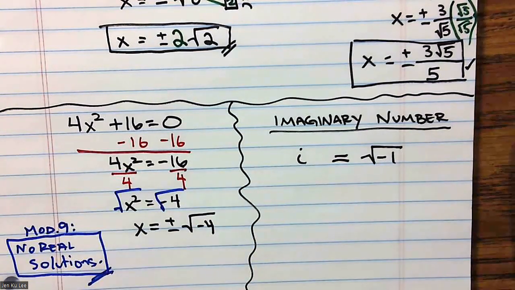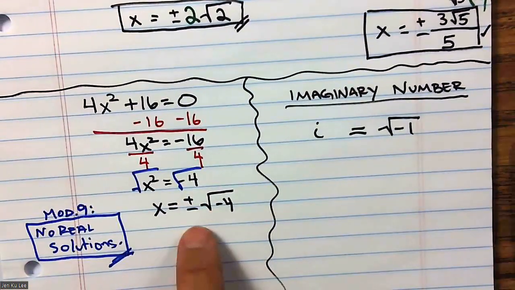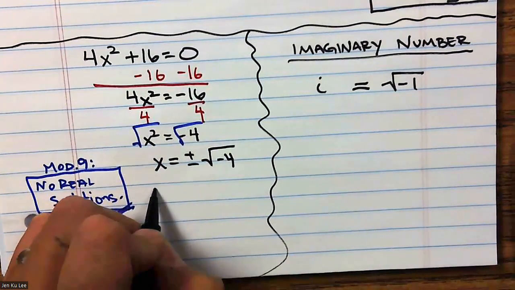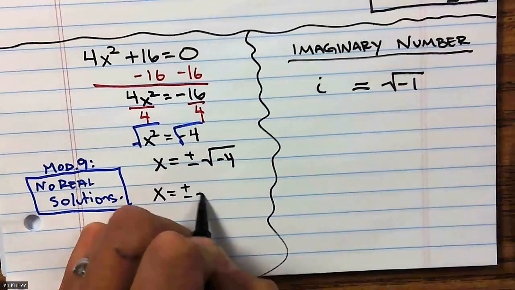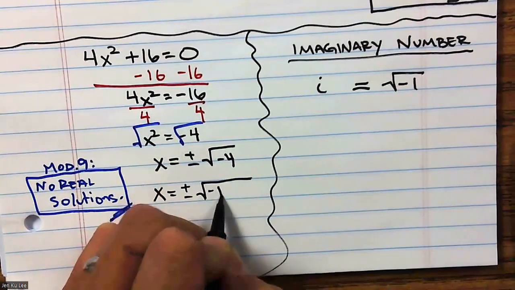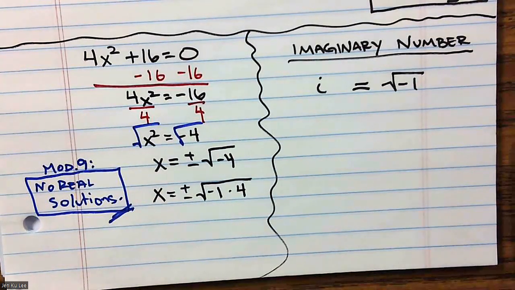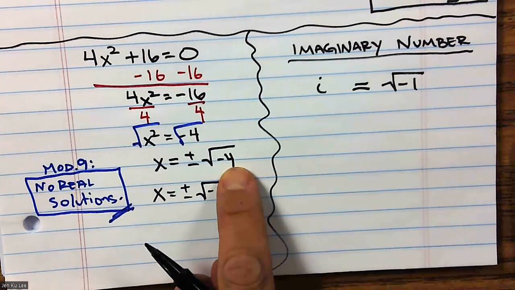All right. So here, going back to this example, now that I know that, I can rewrite -4 as the square root of -1 times 4, correct? -1 times 4 is -4, right?